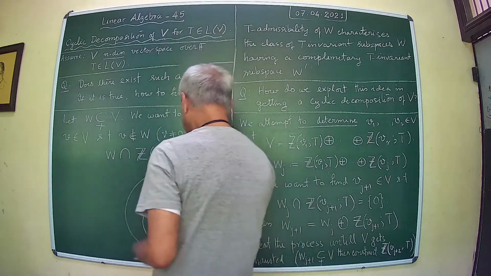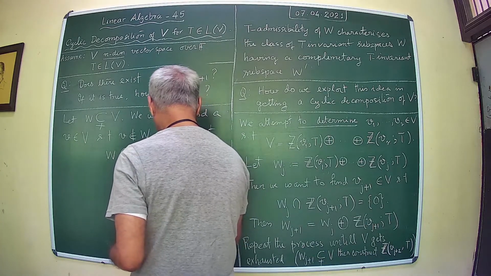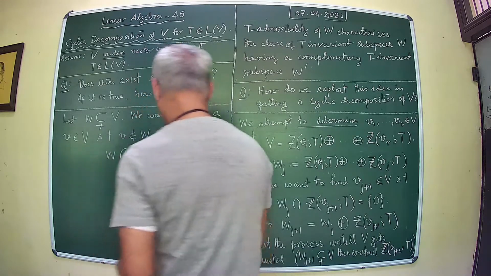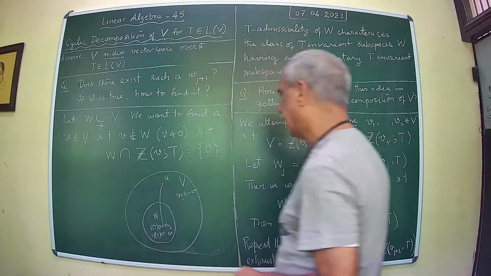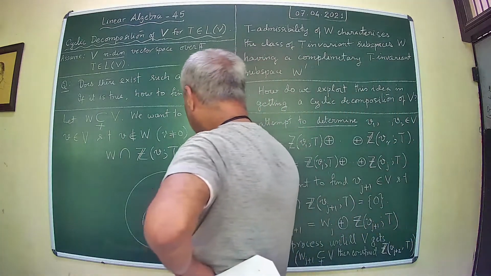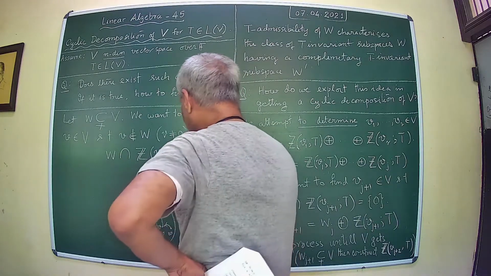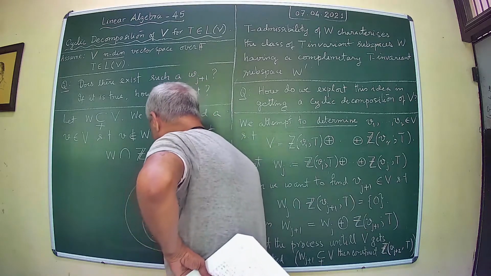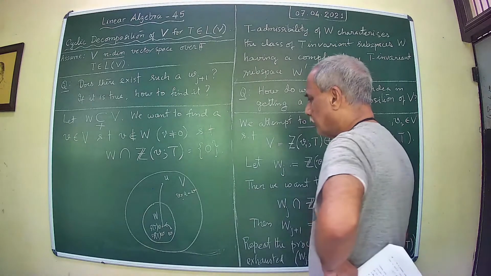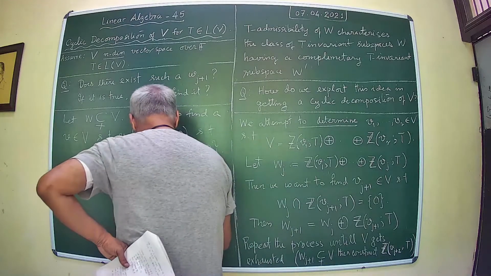Now consider the vector V equal to U minus W. In that case what happens? f(T)V equals f(T)U minus f(T)W. But f(T)U equals f(T)W, therefore f(T)V equals 0. So this is the 0 element.